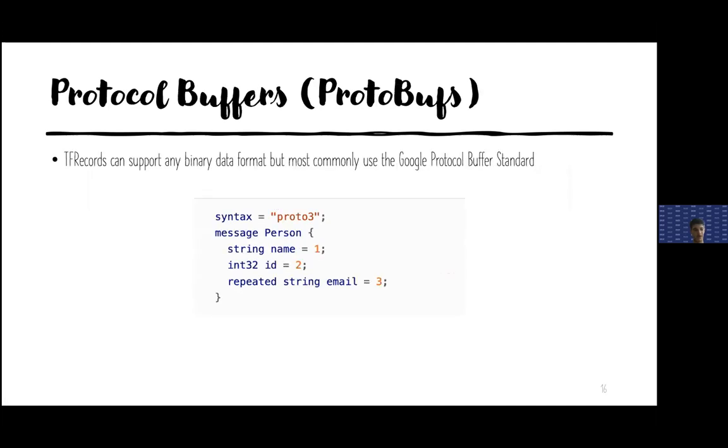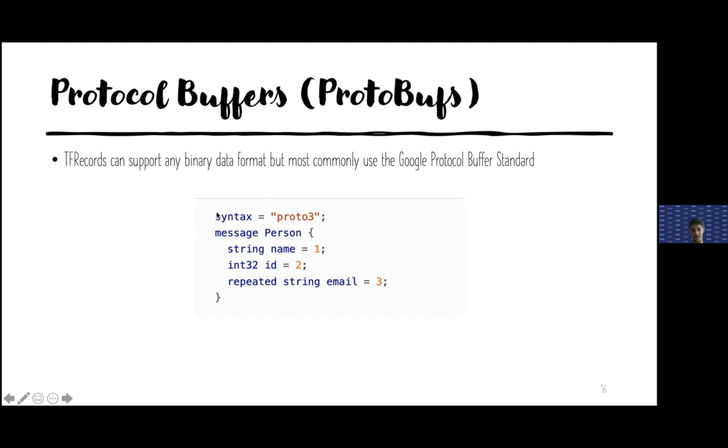But a protocol buffer is the most popular use, and protocol buffers are really popular right now. They're a construct built by Google, and they essentially define their serialized binary format. So I can go through this code, which is just saying that we have a person.